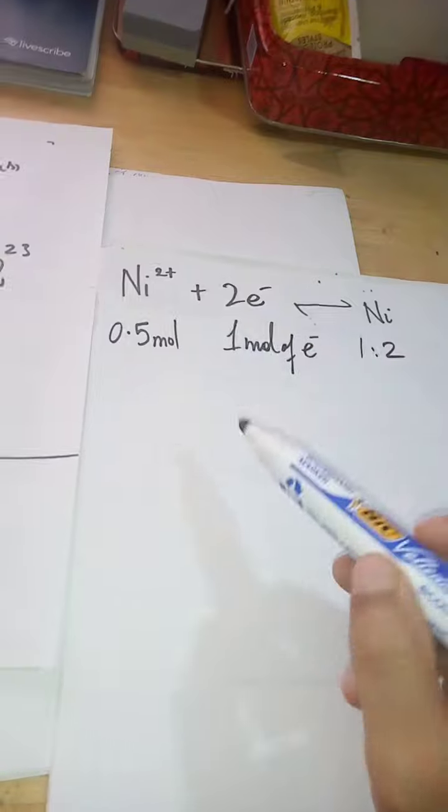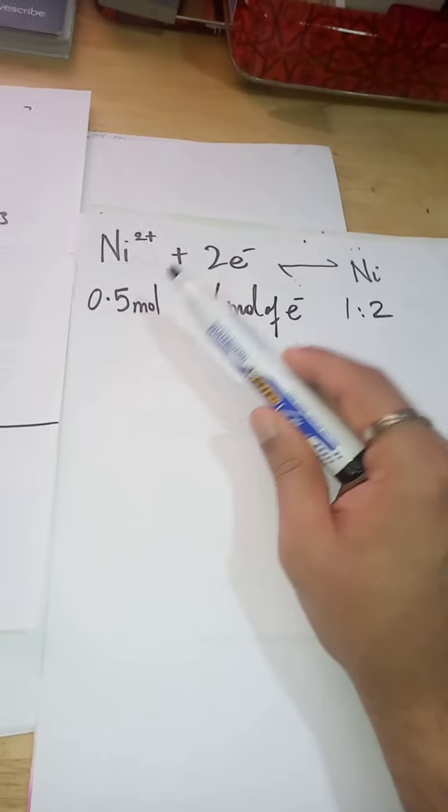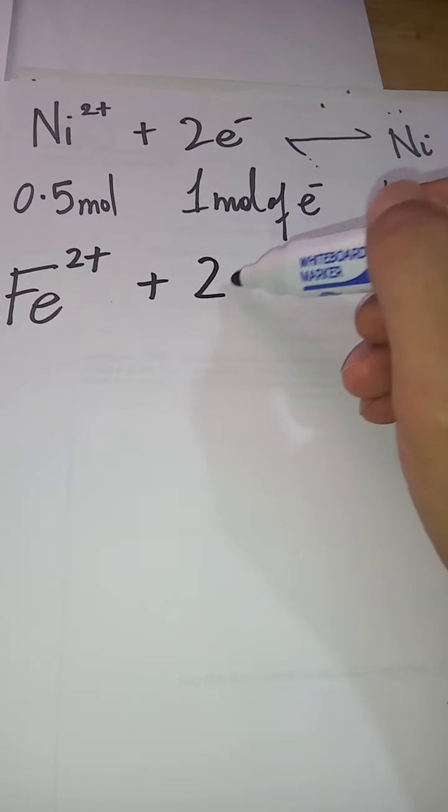So you can see the ratio is 1:2 here. For every 1 mole of nickel, 2 moles of electrons are required. And then the same for iron 2.